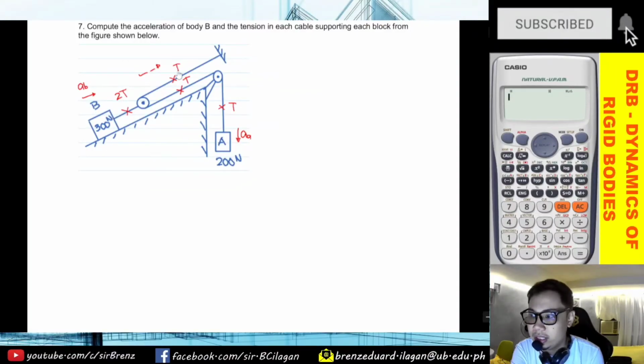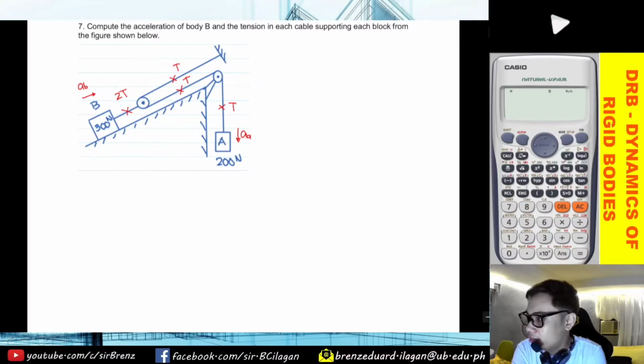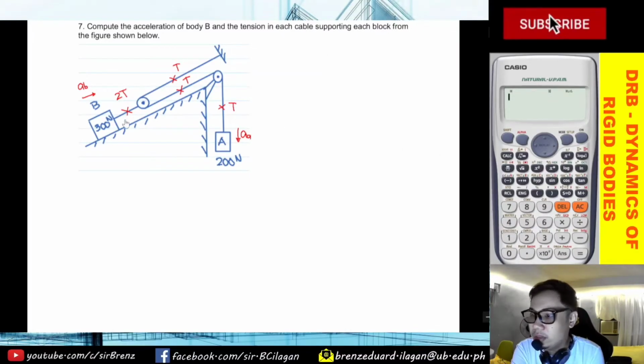Bakit naging 2T? T plus T. Okay, so with that, nakuha natin yung relationship between the tension cable supporting each block.